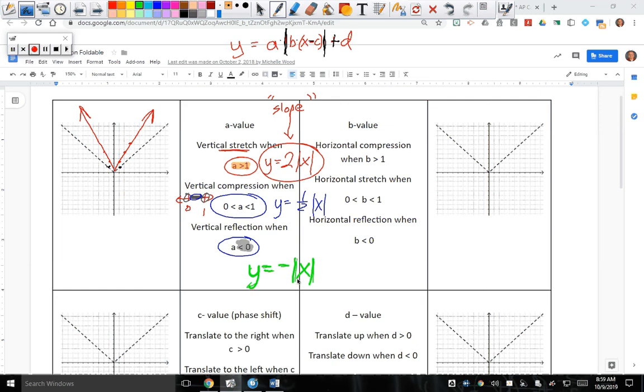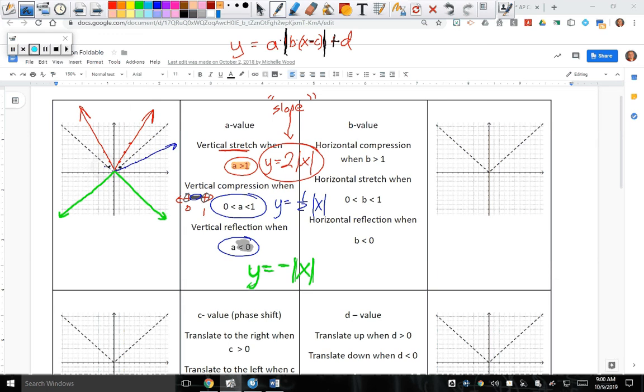Okay? So let's go ahead and graph what these look like. So the original one that has a slope of up 1 over 1, up 1 over 1, that's the reflection. And then the other one, which was blue, is going to have a slope of 1/2. So up 1 over 2, up 1 over 2, up 1 over 2.